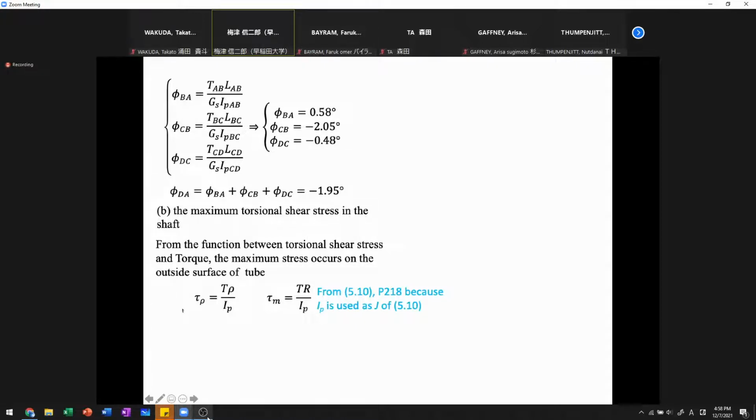And next one, do you calculate now? I will give several minutes. So please use this equation and get the value, please.